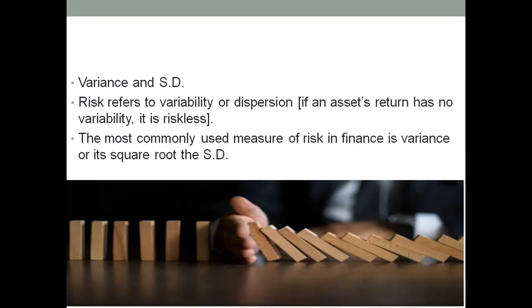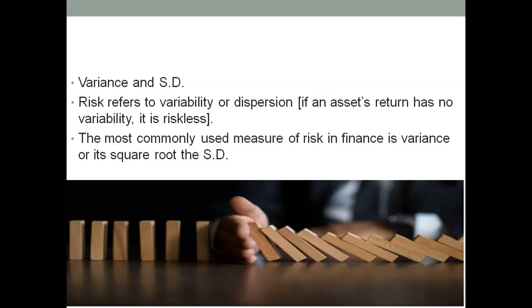So whenever there is a chance that the expected return is different than the actual return, our expectation may be more, but the actual return is less. So the return actually lies within a range.